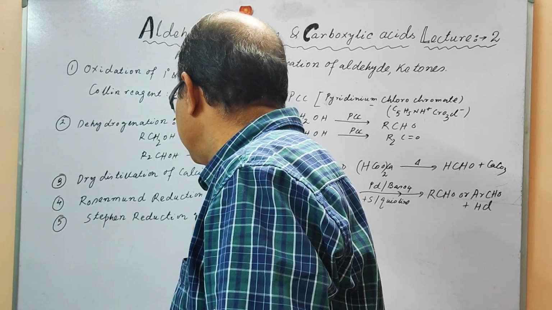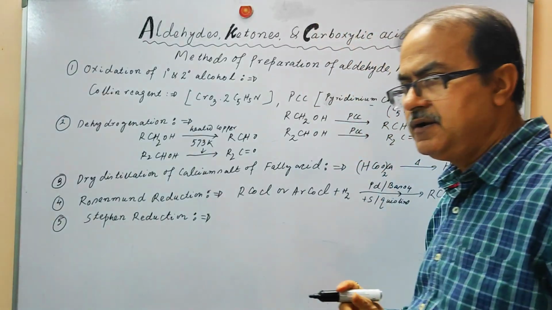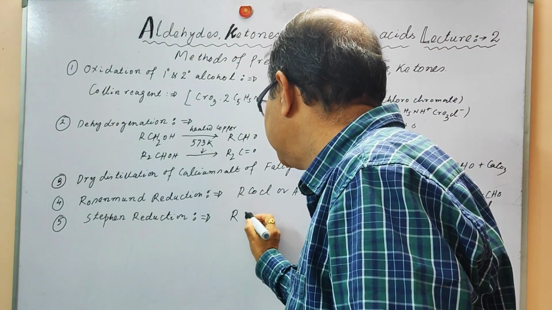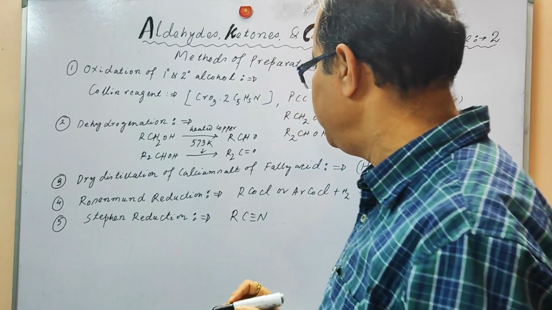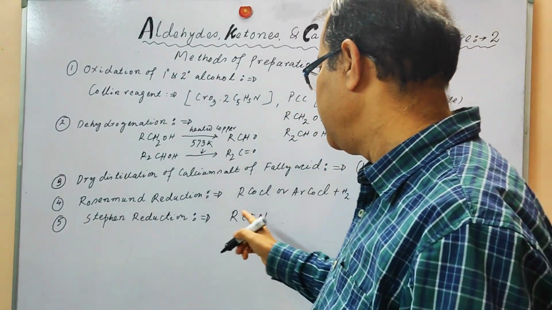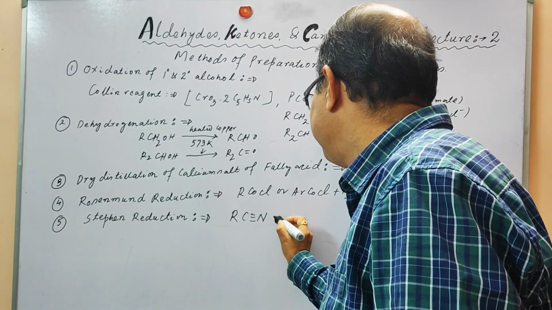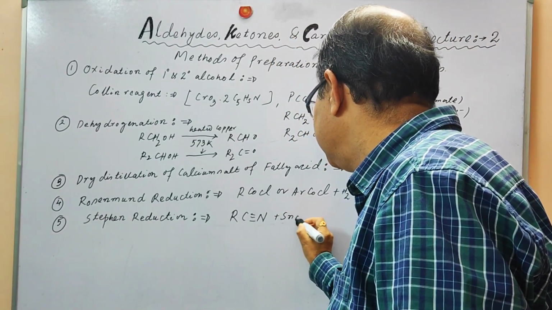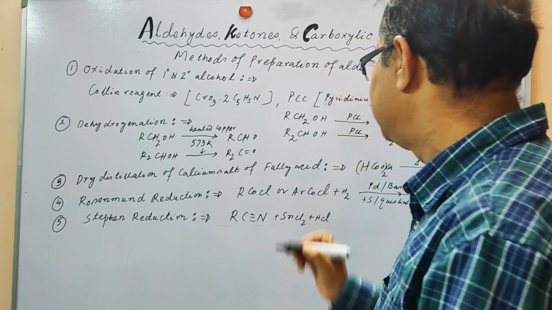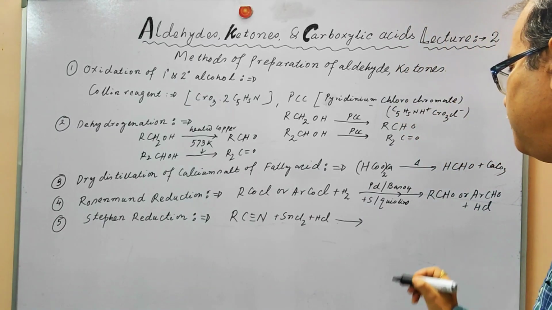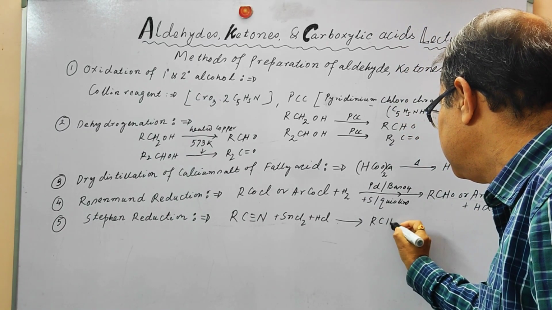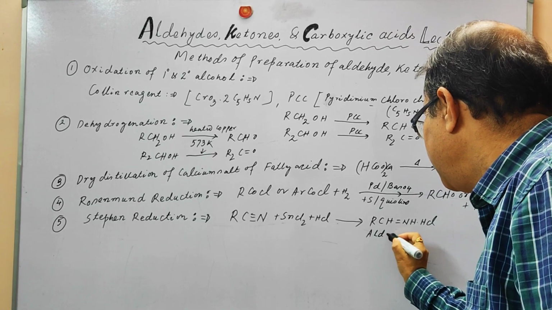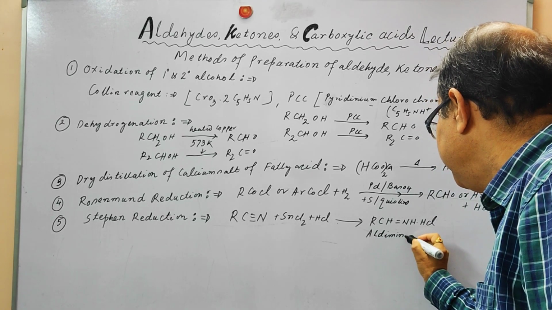Here in this case, a nitrile compound is reduced. The nitrile compound has the cyanide group, RCN, and in the presence of stannous chloride, SnCl2, plus HCl, it is going to produce this. This is called aldimine hydrochloride.